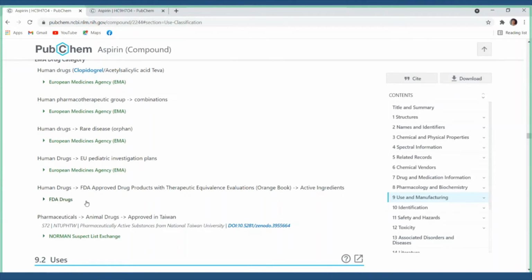So if it is a drug that is not approved by FDA, it will tell you it's not approved by FDA. If it is a drug that is not approved by the European Medicines Agency, it will tell you it is not approved. So these are just some of this information that you can get to know about the drug you want to take inside.